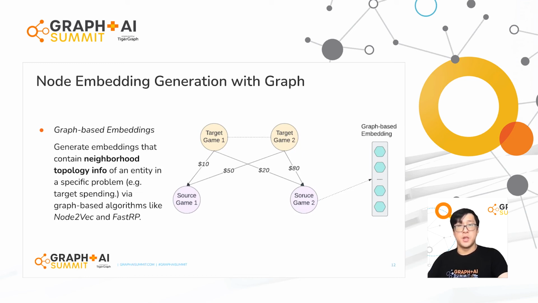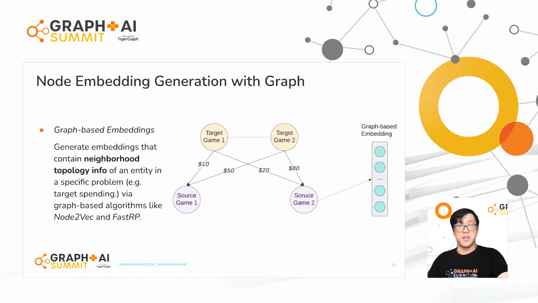For example, in the ads network, the publishers have their source games, and the advertisers have their target games, which means they want their target games to show ads in the source games. Whenever a user clicks on the source game and clicks their ads, their target game is promoted to the users.